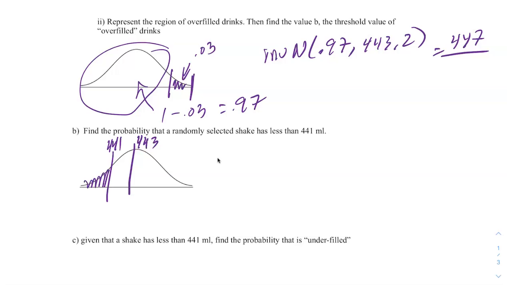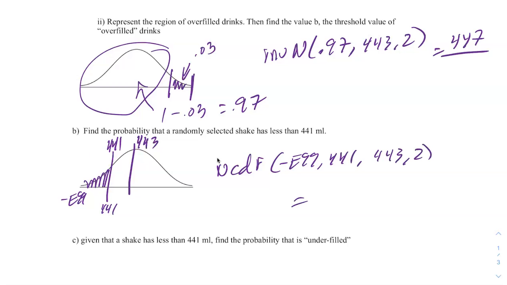So this is like a review problem, right? We're going negative E99 to 441. So normal CDF, negative E99, 441, 443 is my mean, my standard deviation is 2. Type that all into our calculator.